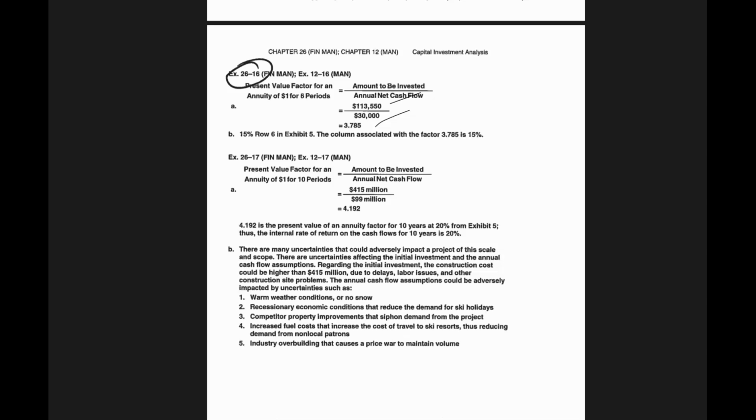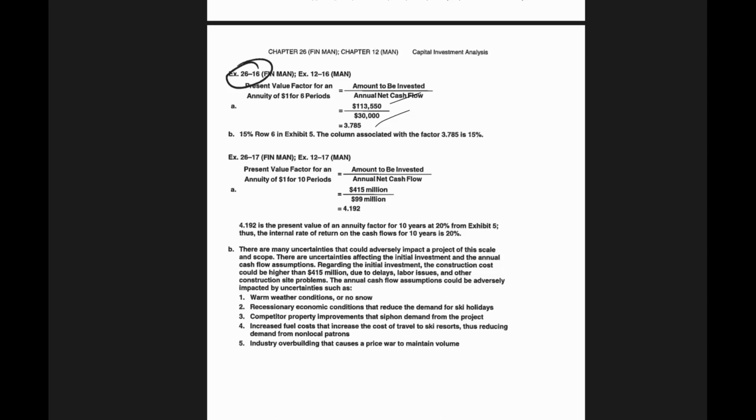Before we move further, does that calculation remind you of anything? Does that calculation remind you of what we've done so far in just this chapter? This present value factor calculation: amount to be invested divided by the annual net cash flows.